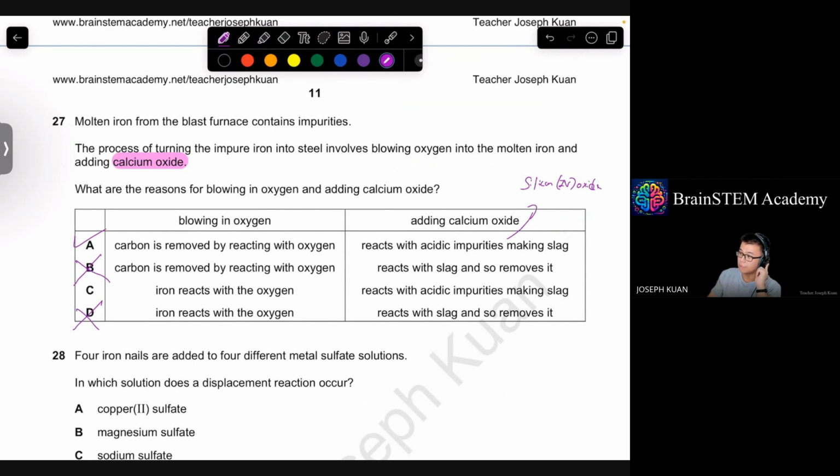I'm pretty sure what I'm communicating here is correct. Carbon is more reactive than iron, so it reacts with oxygen to remove carbon. And then the acidic impurities, for example silicon oxide, the main impurity in, let's say, hematite, we actually remove this to form slag.